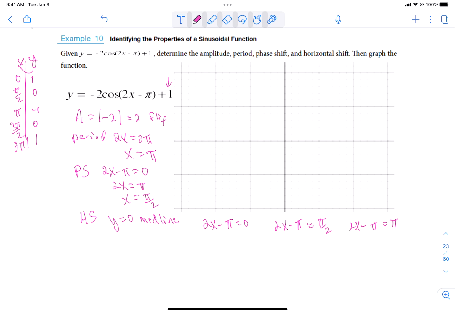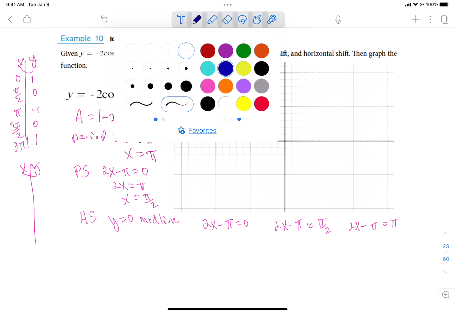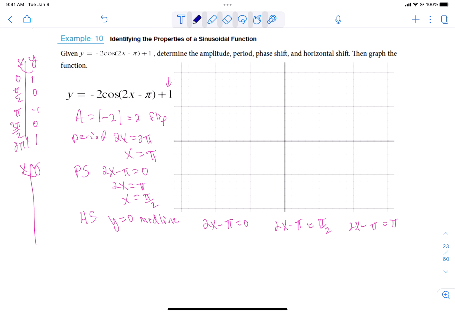Now let's try the first 3 and see if we can find the pattern, the spacing. Okay, so 2x minus pi, that's 2x equals pi. Oh, we already did that. That's pi over 2. That's your phase shift. That's the first value always. And then 2x equals 3 pi over 2, so that's 3 pi over 4. I'm sorry I'm going a little fast.